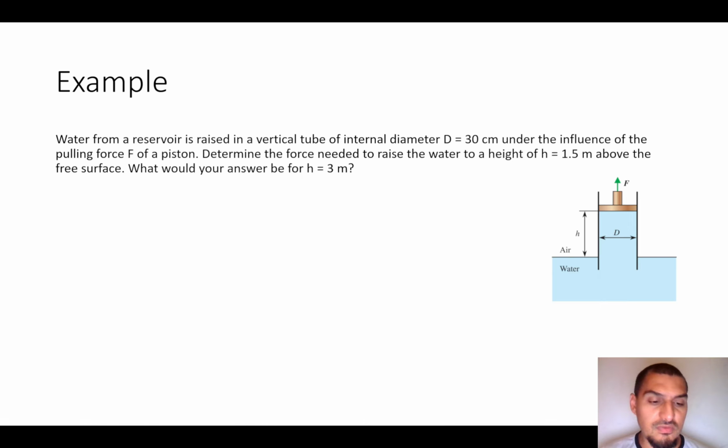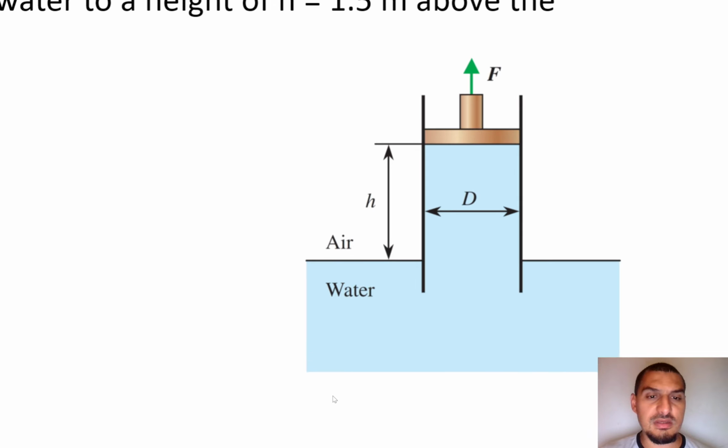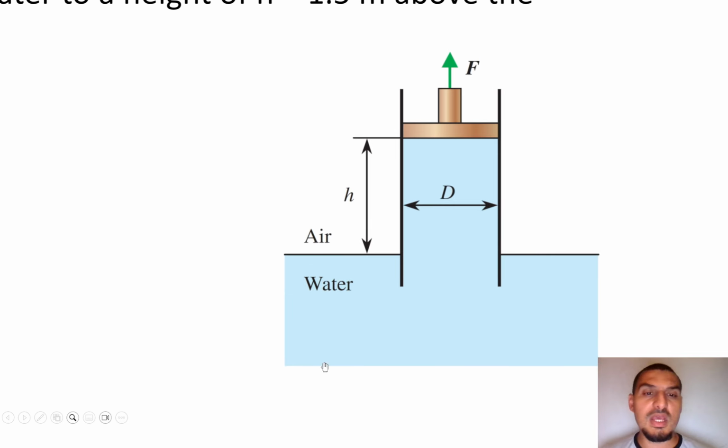So just to give you an idea what we have here, there is a reservoir. Let's say it's a big container that contains water, and there is a hollow cylinder, okay, and it's put vertically in the container so that part of it is immersed in the water, and the rest is above the water surface.